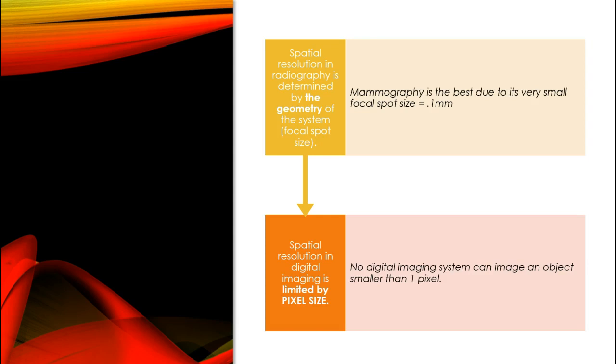Okay, spatial resolution in digital imaging is determined and limited by the pixel size. Okay, so see the difference there? Spatial resolution in radiography is determined by the geometry or the focal spot size of the beam, the geometry of the beam. Spatial resolution in digital imaging is limited by the pixel size. So no digital imaging system can image an object smaller than its 1 pixel.